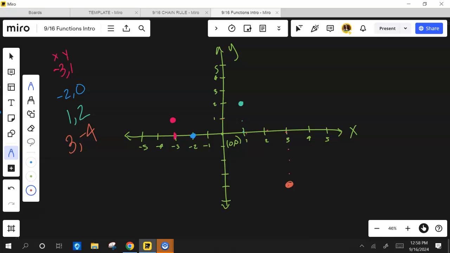And then you've got one more point: -3, 5. Where? Left 3 and up 5.